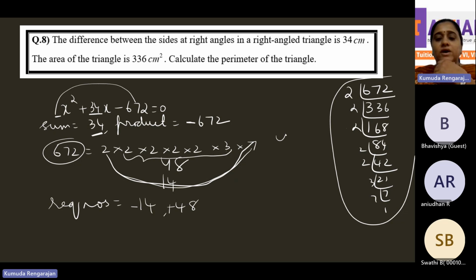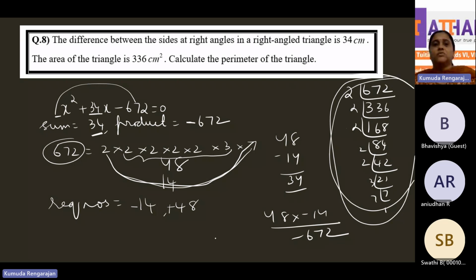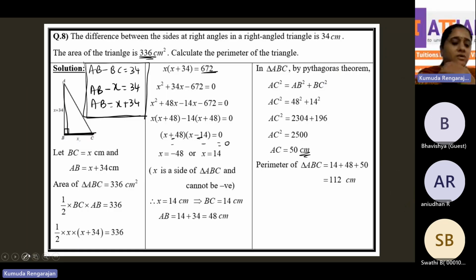So 48 and minus 14 will give you 34. And when you multiply them, 48 and minus 14, you will get minus 672, because we've made use of all the factors of 672. This is how we find the two numbers. And that's what I found here.